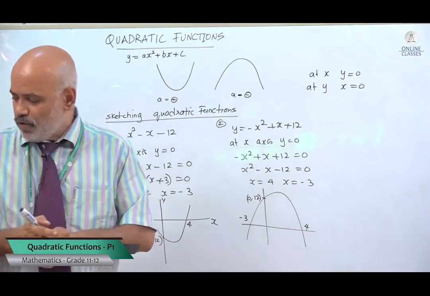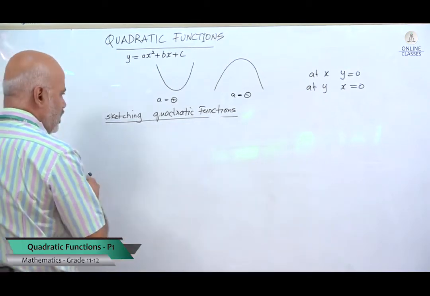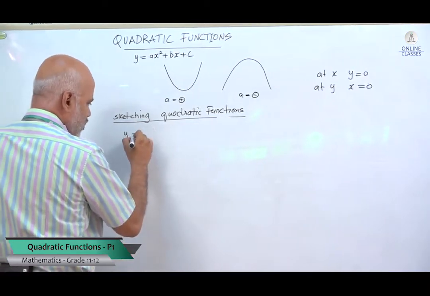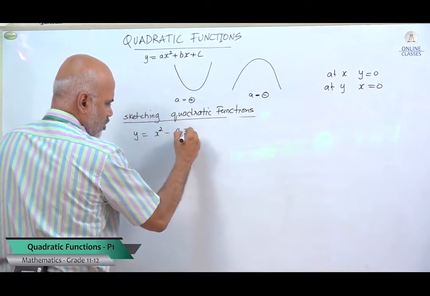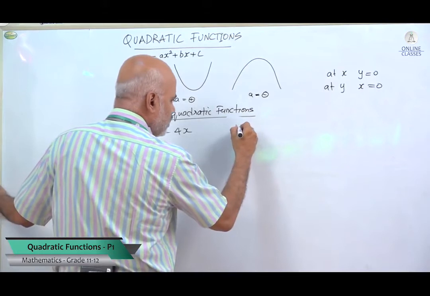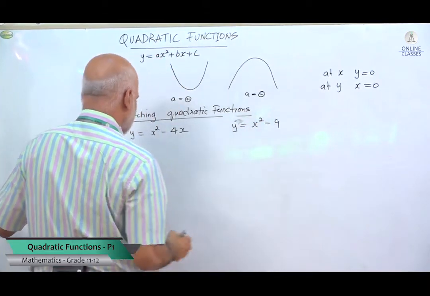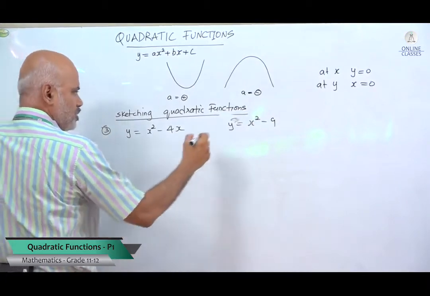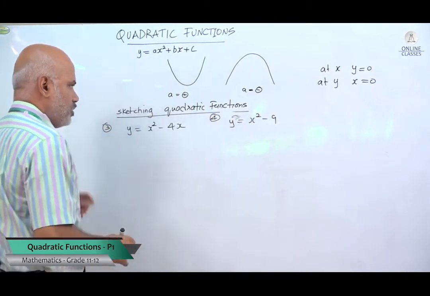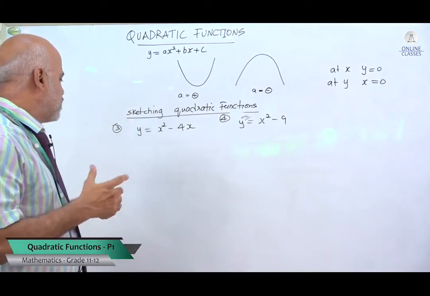Now there are some more varieties we take. How can I sketch a graph like this? And how can I sketch a graph like this? Third question, fourth question. Here it is not a complete ax square plus bx plus c.